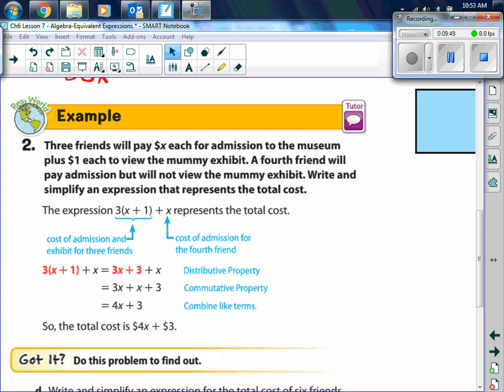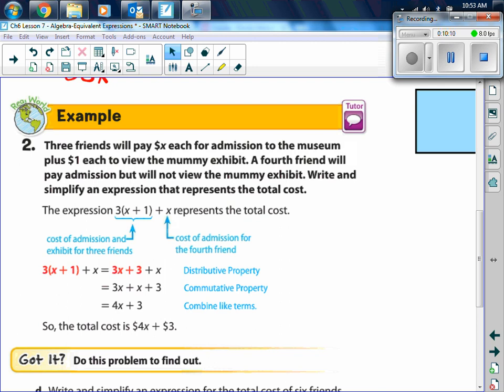All right, so for example 2, it says 3 friends will pay x dollars each for admission to the museum, plus $1 each to view the mummy exhibit. A 4th friend will pay admission but will not view the mummy exhibit. Write and simplify an expression that represents the total cost. Okay?